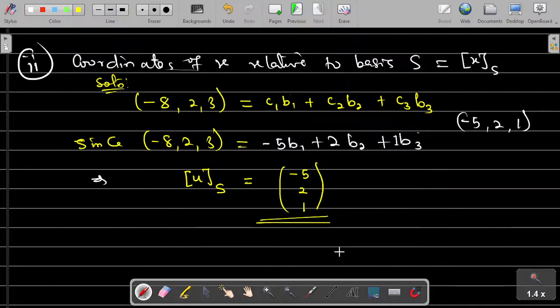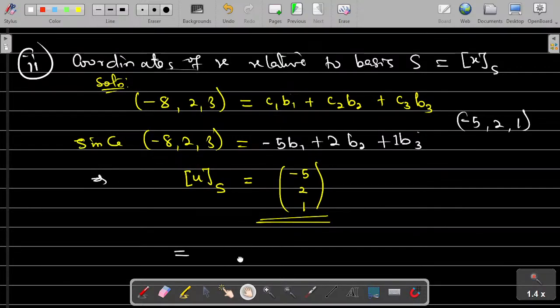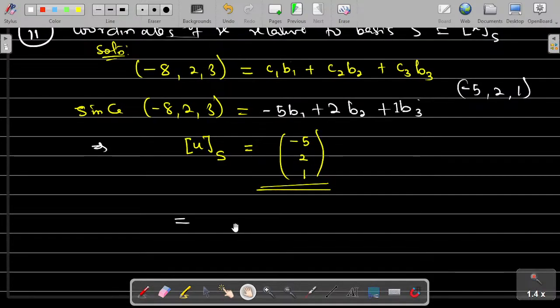So you don't necessarily have to solve this again to see whether you will get c1, c2, c3, because we've already done that. But then there is need to run a check. Let's be sure that what we did is actually correct. Okay, and to run that check, just substitute your b1.